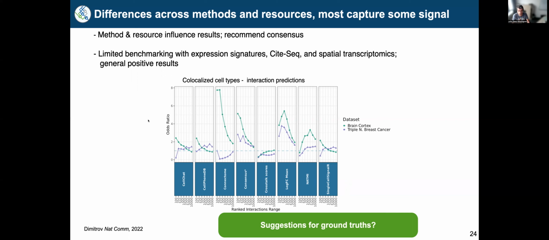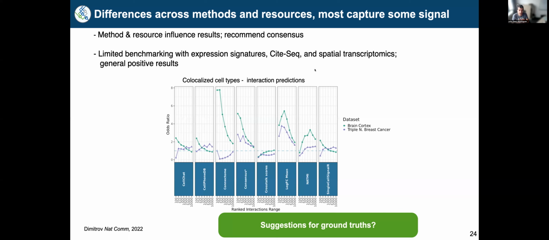So for example, you can look at the signatures of the target cells, the cells that receive the ligand, to see whether the downstream genes of the corresponding receptor change, or we also use CITE-seq data where you have protein level of the receptors, as well as spatial transcriptomics.